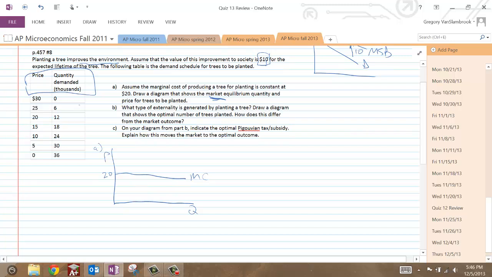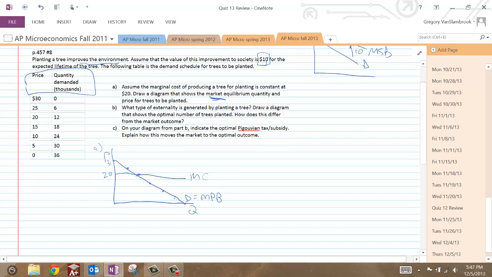So basically, if we just graph this demand curve, that's one way to do it. Sketch that here, 0 and 30. It's 1 point. 6 and 25. 12 and 20. Should be right on that line there. 15 and 18. 10 and 24. 5 and 30. And 0 and 36. So what I've just created there with those dots is going to be our demand curve, which we could also call our marginal private benefit curve.